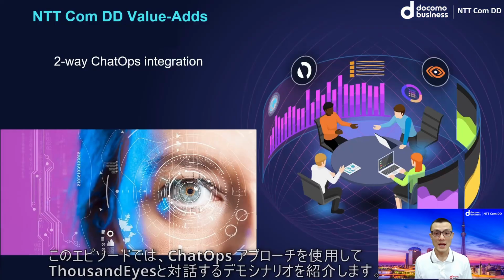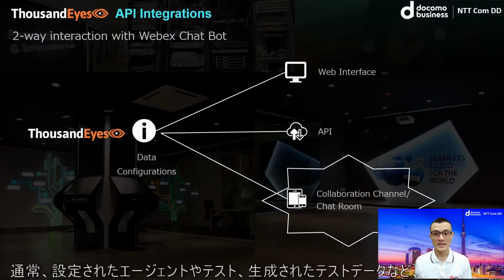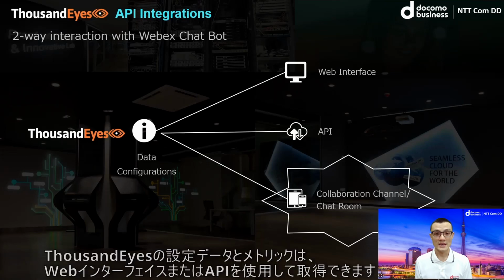In this episode, I'm going to show you the demo scenario of interacting with the Cisco ThousandEyes using the ChatOps approach. Typically, ThousandEyes configuration data and metrics, like the agents and test configure, test data generated can be retrieved via its web interface or its API.